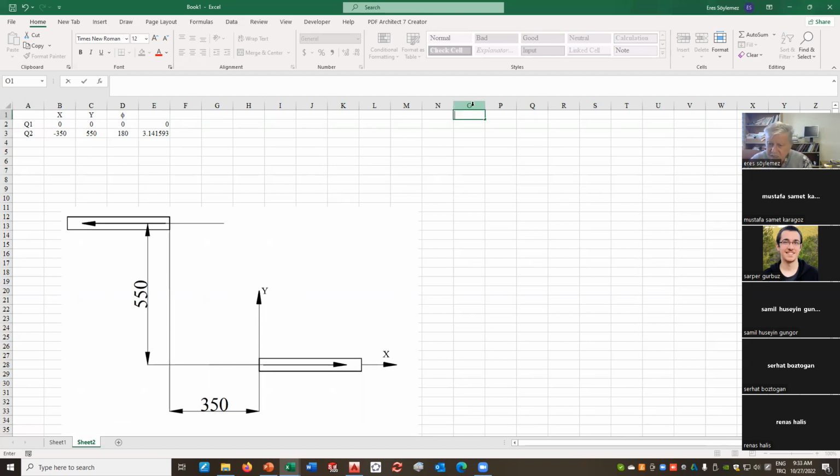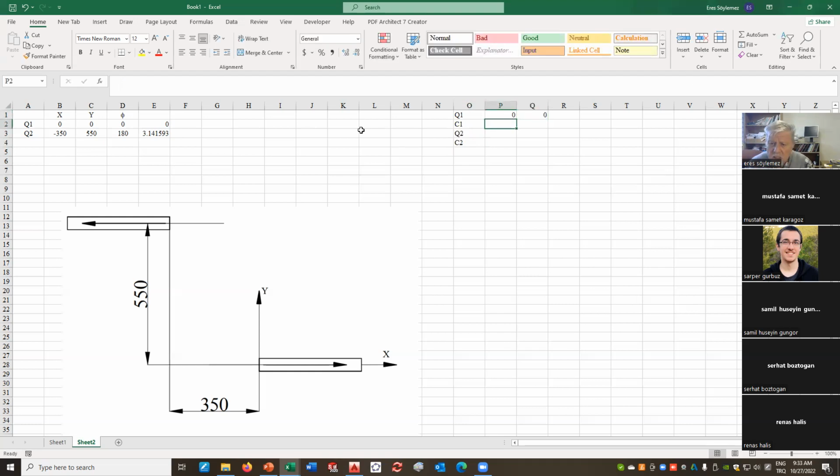So instead, I will use C1, Q1, and Q2, and C2 for the moving body. Q1 is 0, 0.